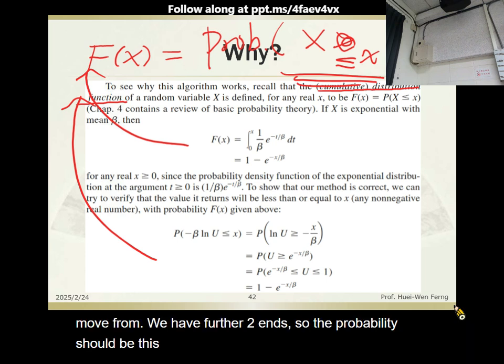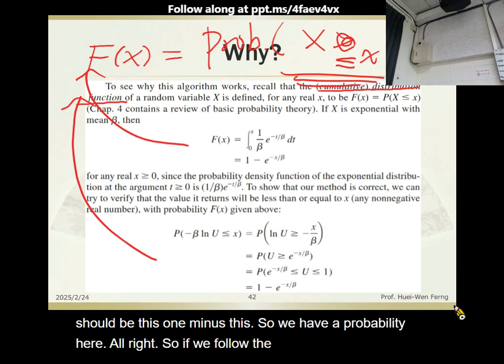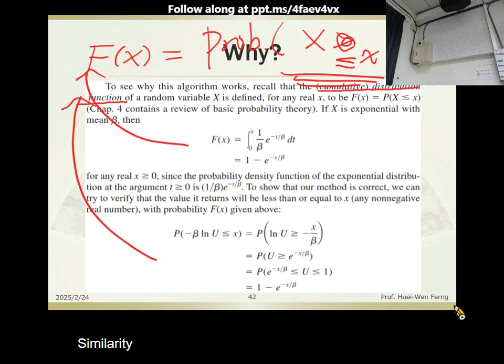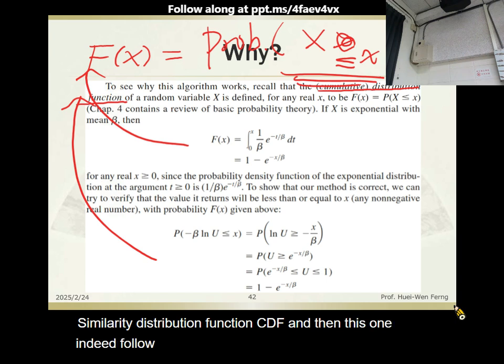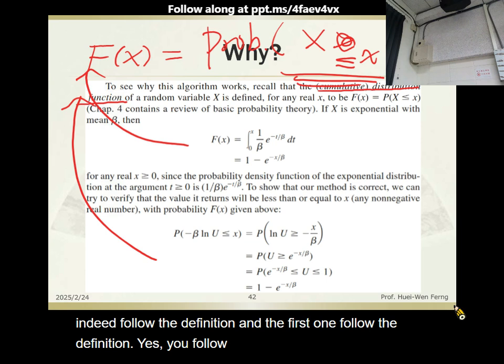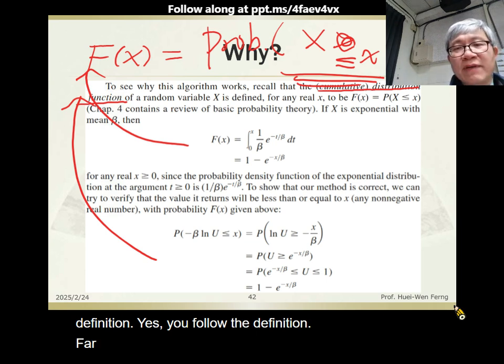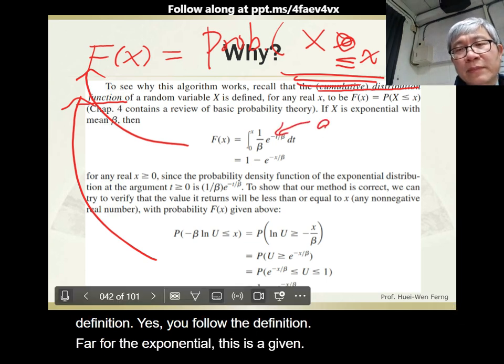So we have a probability here. All right, so if we follow the definition of the cumulative distribution function, CDF, then this one indeed follows the definition. Yes, it follows the definition. But for the exponential, this is a given probability density function.